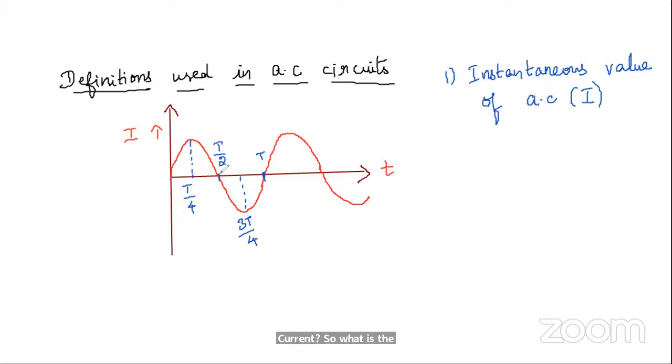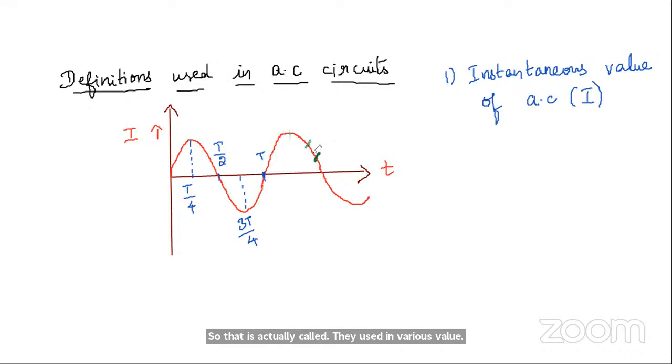Along the curve you can consider any point, at this point or this point, any point, and find out the value of current. That is called the instantaneous value.